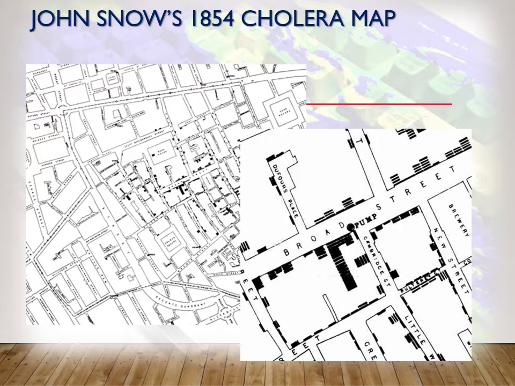So doing spatial analysis reminds me of one of the first examples that is similar to what ArcGIS and other GIS programs do when it comes to spatial analysis. Back in 1854, there was a terrible cholera outbreak in London.